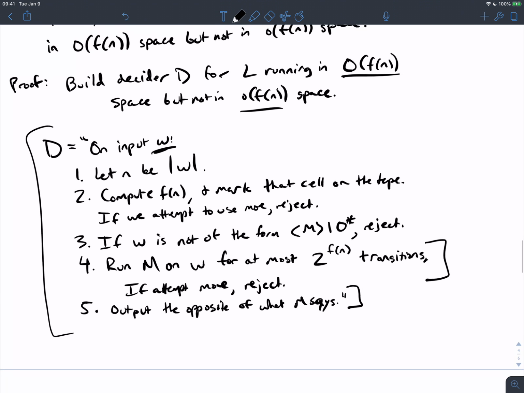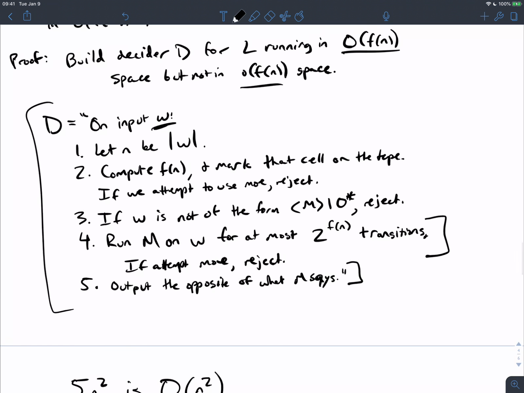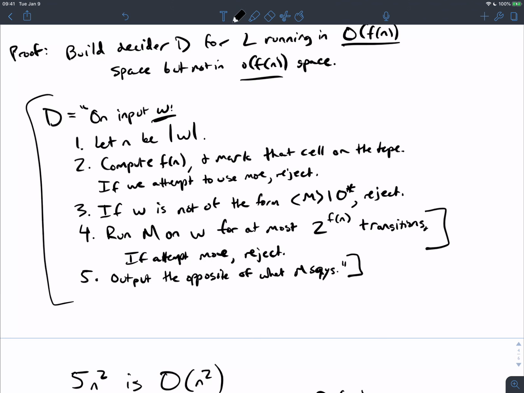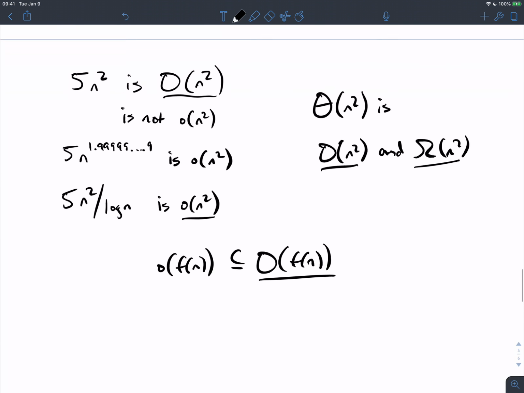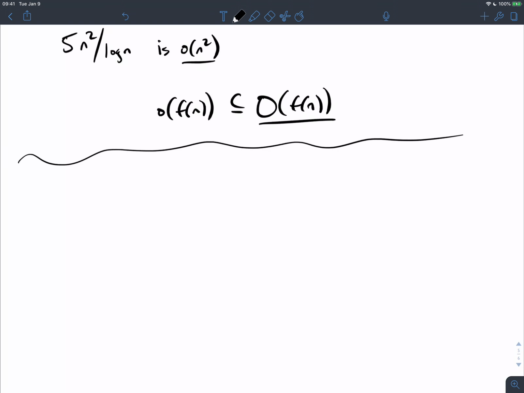And then why does this run in strictly more space? Well, let's try to prove this by contradiction. So suppose some other machine, let's say M prime, decides the language we just talked about, the language of this machine D, and let's suppose that it actually uses less than f of n space.